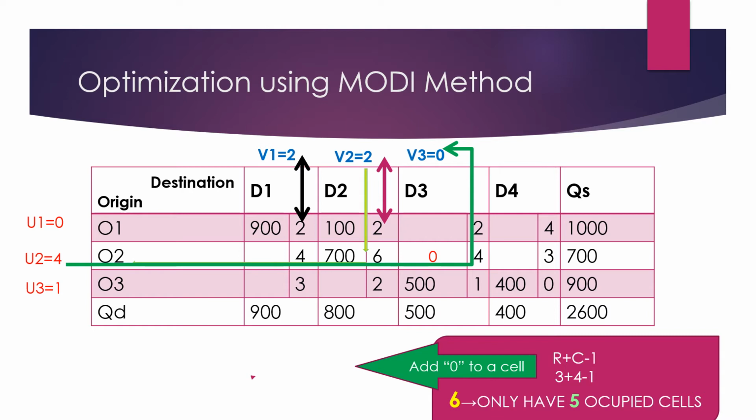Then if the V3 value is 0, how do we arrive at U3? The U3 value should be 1, because to arrive at 1, we have to add another 1. If the U3 value is 1, then what will be the value for D4? Then it should be -1.